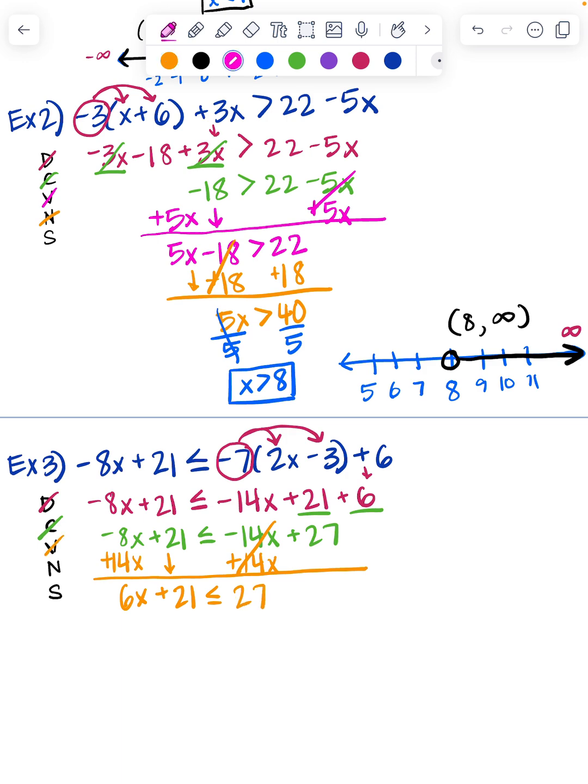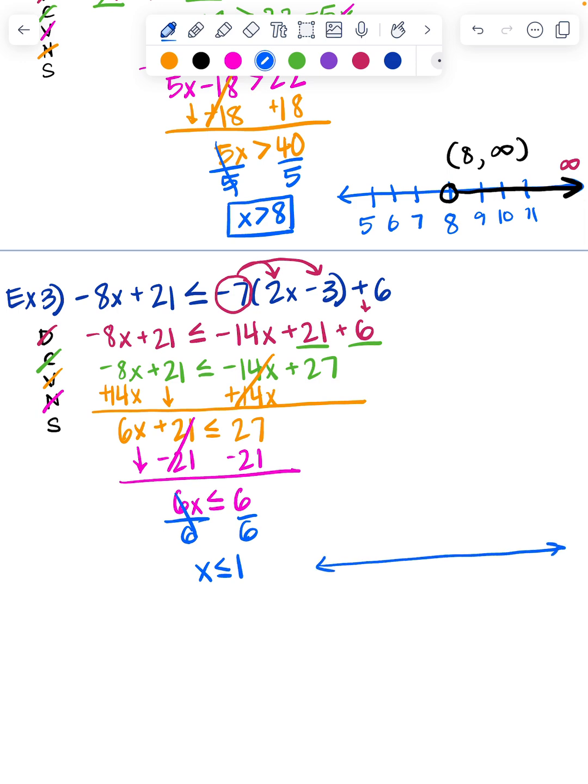Now move the constant. Subtract 21. 6x is less than or equal to 6. And solve, divide by the coefficient. x is less than or equal to 1.